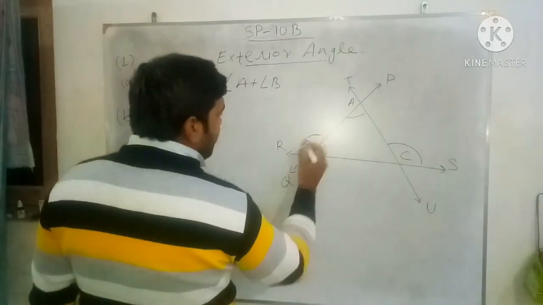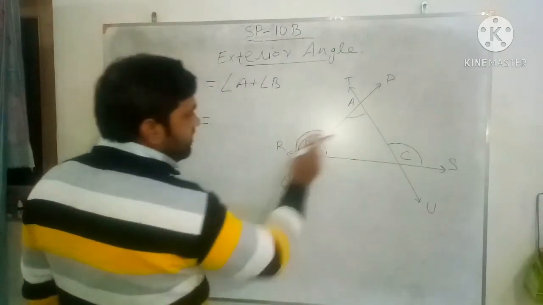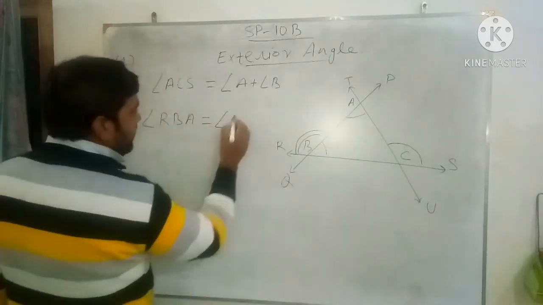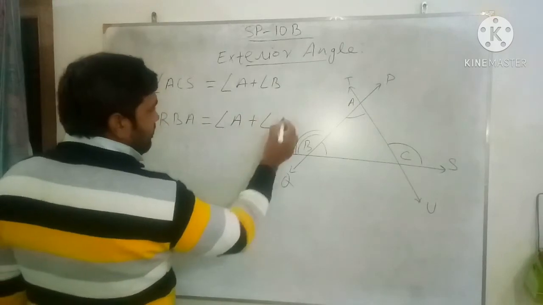This is the exterior angle, and its interior opposite angles are A and C. So it equals angle A plus C.